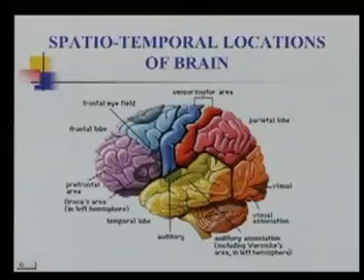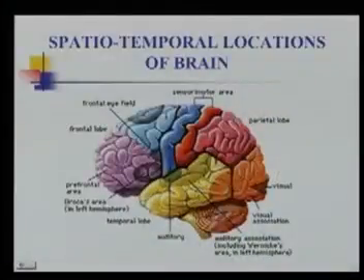Real neural networks are sitting on this brain. There are very complex connections among the neurons of this brain, and researchers over time have developed various models of neural networks just by studying this human brain.